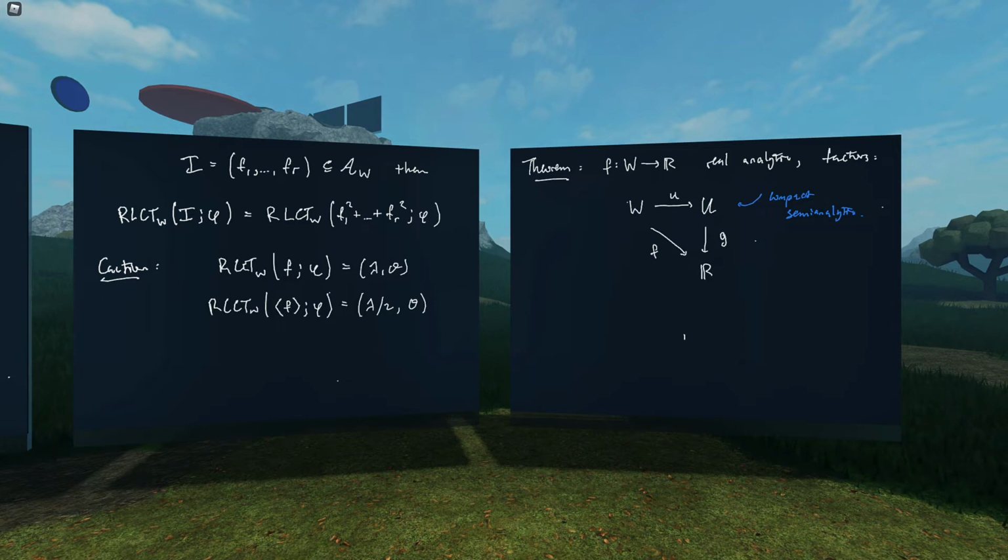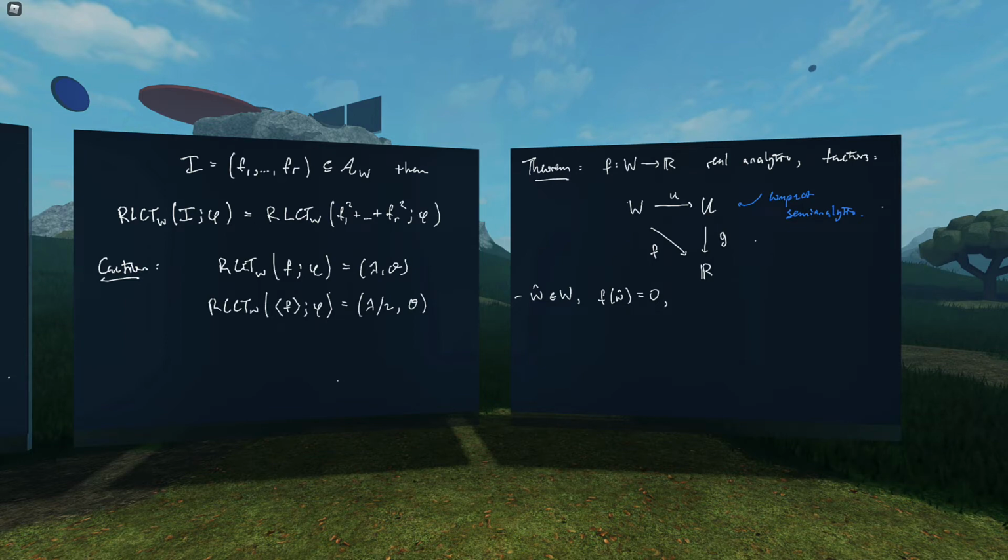And so on that, we'll be interested in a specific point, W hat in W, such that f of W hat equals 0. So that means that it possibly contributes to the asymptotics we're interested in.